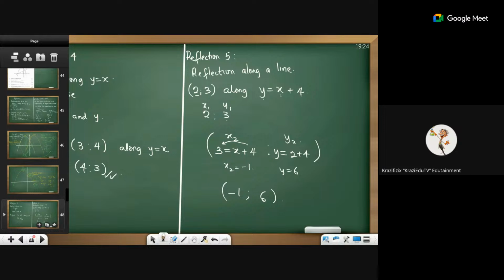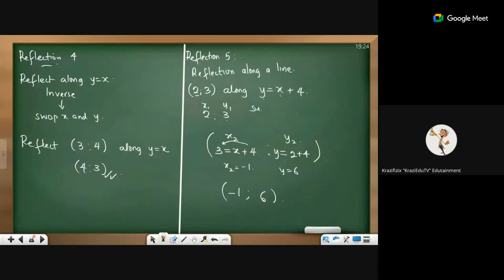Substitute old x to get new y. Then sub old y to get new x. That's the key there. Sub in your old x, you get the new y value. Sub in the new y, you get your old x.